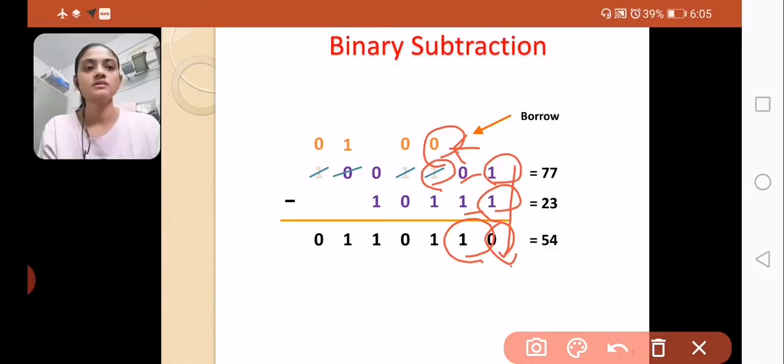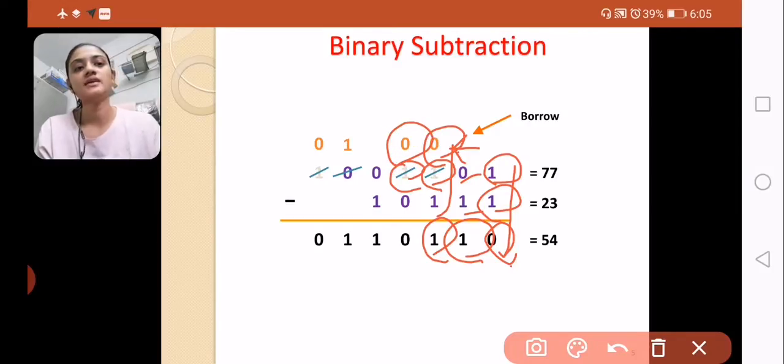So 0 minus this 1 will give difference as 1. But again at the next stage you have to take a borrow. So for the borrow here 1 is given, take the opposite of it, that is 0. Now subtract this 0 and this 0, so it will result in 0.